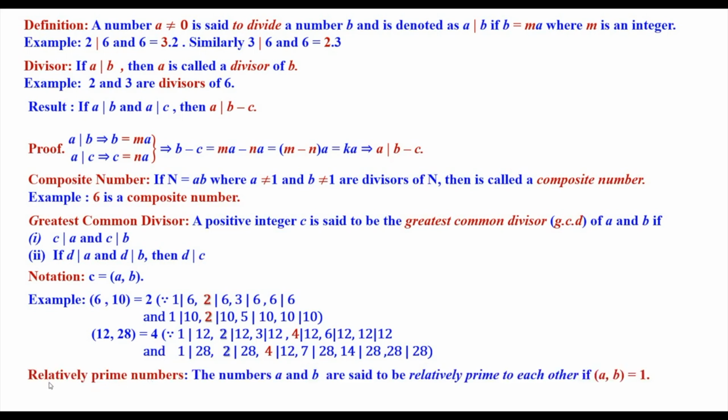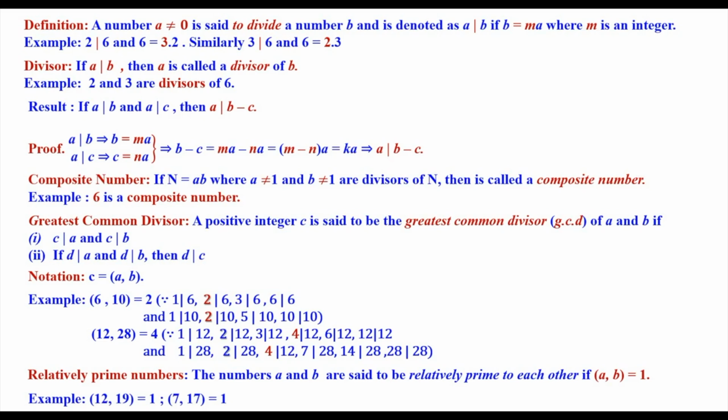Now next we have this concept, relatively prime numbers. When do we say that two numbers are relatively prime? When the GCD is 1. Given any two numbers, we know that the GCD is given by this. And if the greatest common divisor happens to be 1, as in some cases, then we say that a and b are relatively prime.